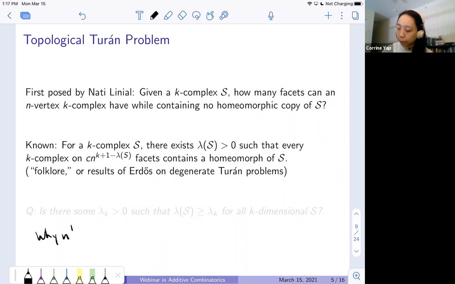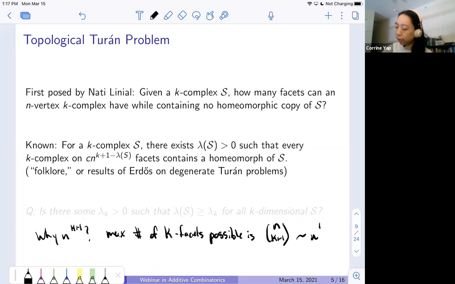It's because the maximum number of K-facets possible is n choose K plus 1, which is about n to the K plus 1. So we're comparing it to how close you need to get to the maximum number of facets you could have before you start seeing homeomorphic copies of S.